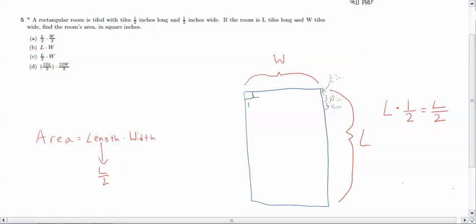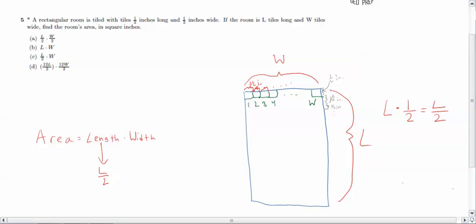Here's tile 1, tile 2, tile 3, tile 4, all the way down to tile W. Tile 1 will contribute half an inch of width, and so will tile 2, and so will tile 3, and so on.